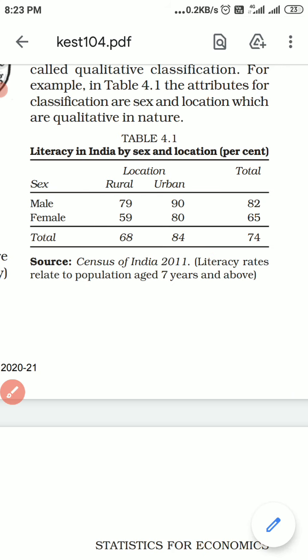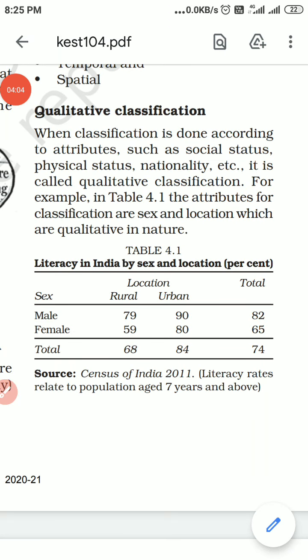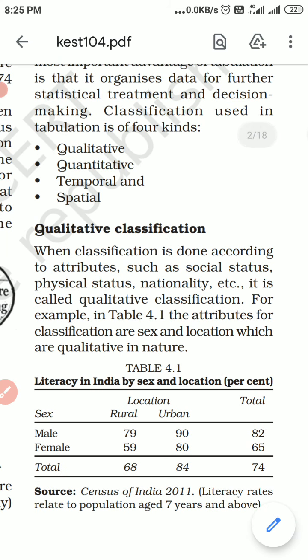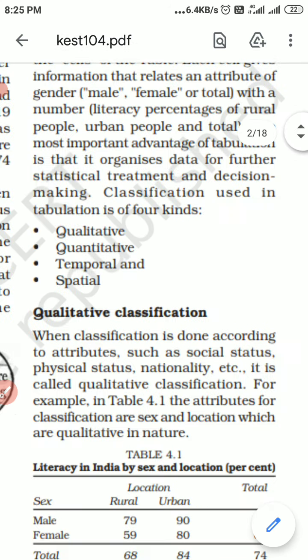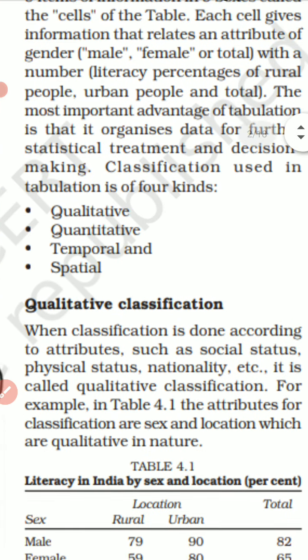Now you can see, data is presented in four types of tabular presentation. You can see here quantitative, qualitative, temporal, and spatial.